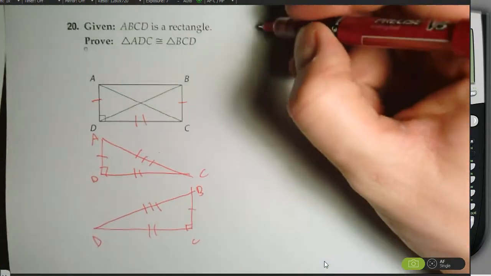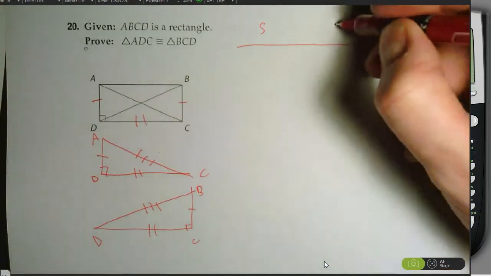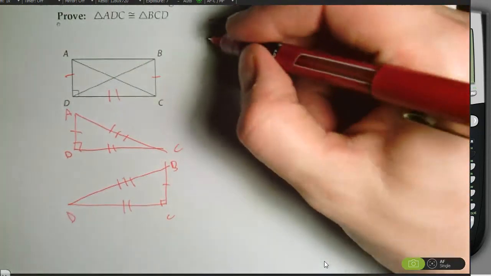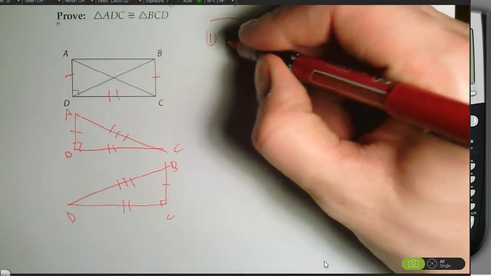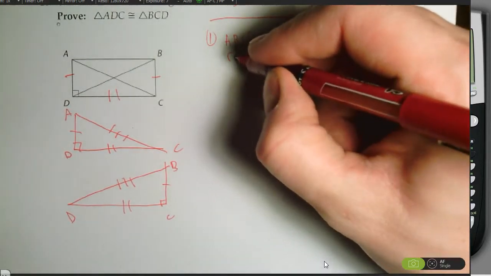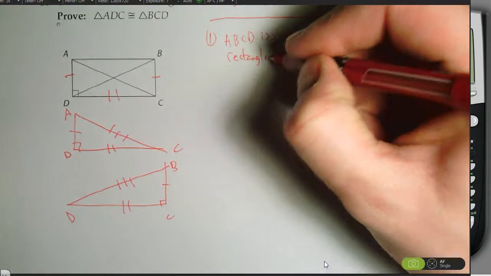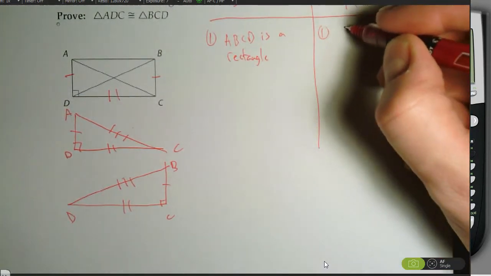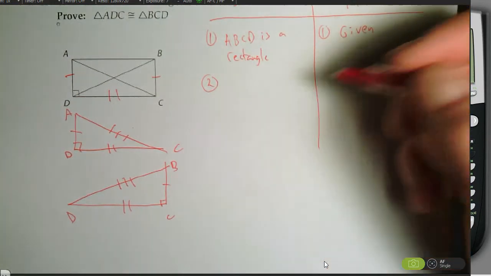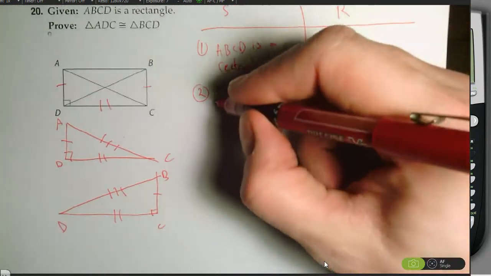So statements and reasons. One, ABCD is a rectangle. Given. Step 2, I'm going to go in the order I kind of marked it out.